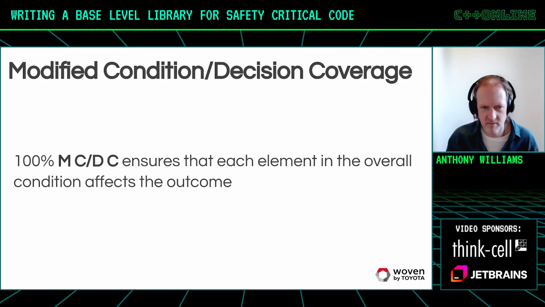In which case, you can simplify the expression and make your code easier to read and understand. Likewise, if something is only true when other things mean that it's irrelevant, then you can just remove it altogether. So if you can't get to 100% modified coverage, that means your expressions can be simplified, which is good.